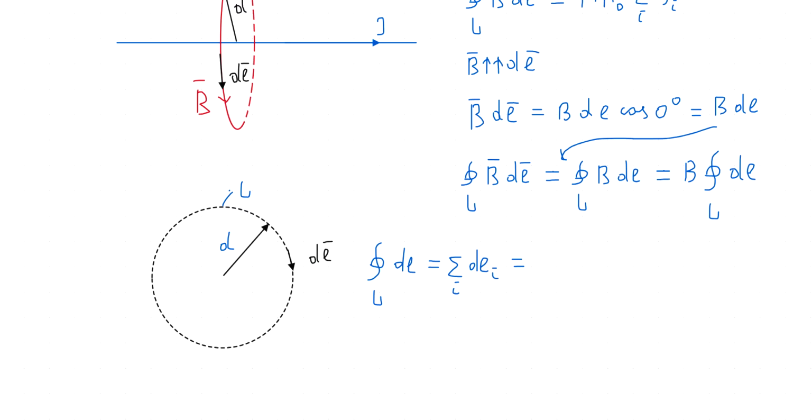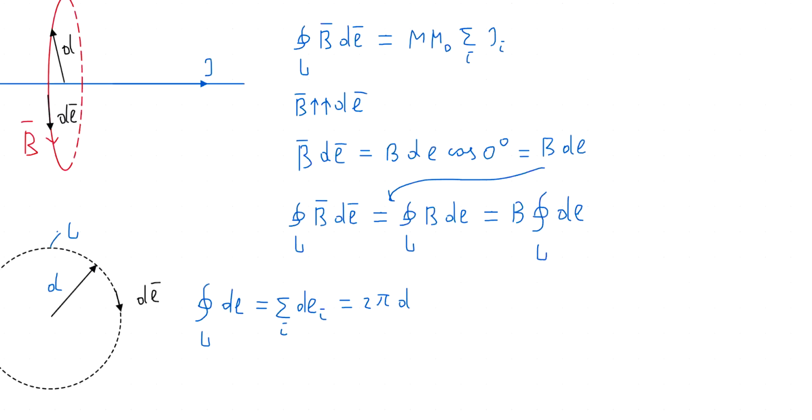It will be 2 pi multiplied by d, where d is the radius of the circle. So 2 pi multiplied by the radius is equal to the length of the circle.